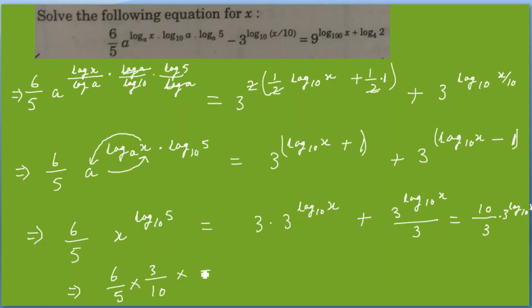Okay, 5 raised to power log 10x is equal to 3 raised to power log 10x. Okay, now it is 3 and it is 5, cancelling with 2 both term.